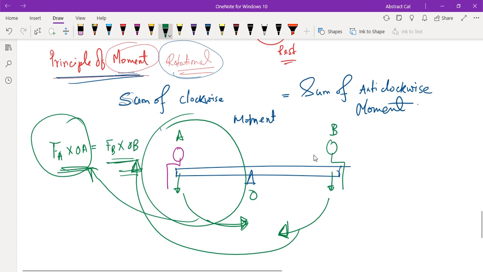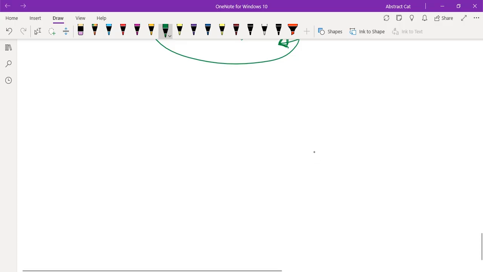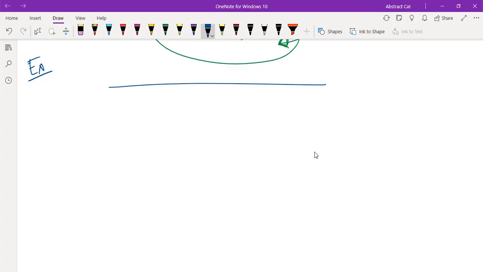Okay, now take an example, a simple numerical problem. Suppose a rod, consider a 1 meter rod, that is equal to 100 centimeters. Consider the fulcrum is here, at point C, at the 30 centimeter mark.